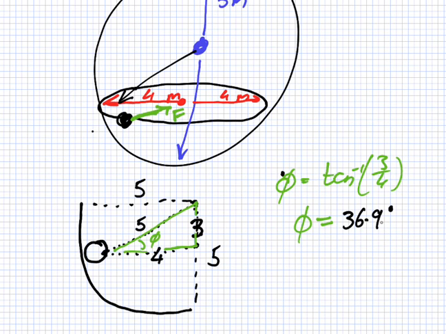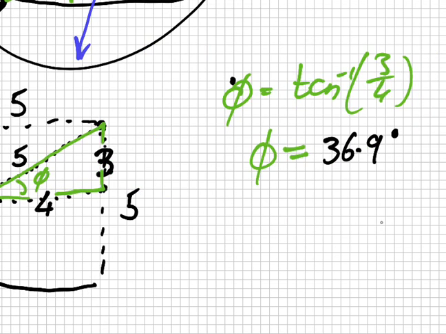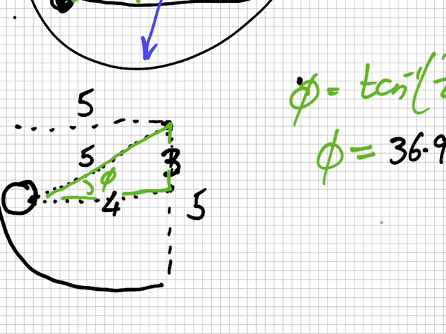Now, when this is in contact with the table, there is a reaction force this way. How fast is the ball moving? The speed. Okay, so look, there are two forces here. That's 36.9 degrees.